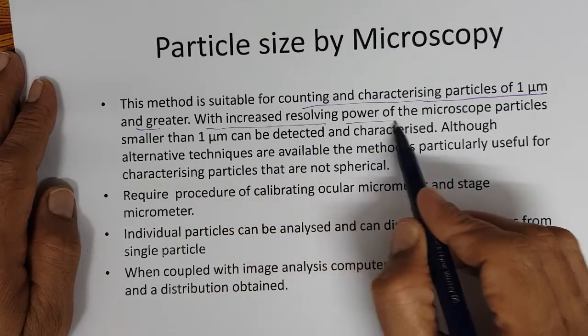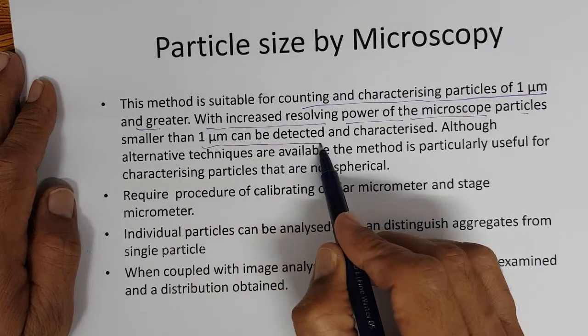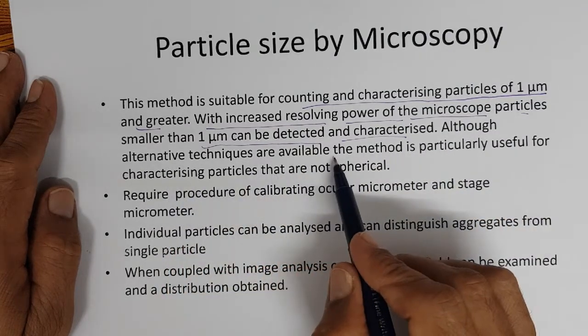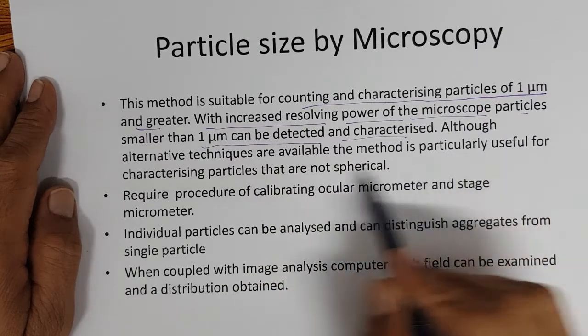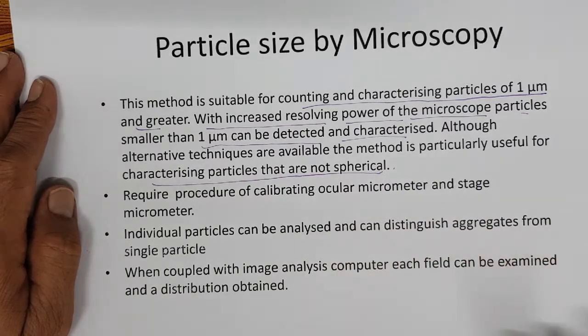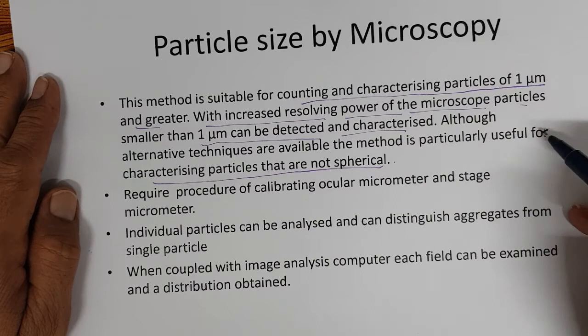With increased resolving power of the microscope, particles smaller than 1 micrometer can be detected and characterized. Although alternative techniques are available, the method is particularly useful for characterizing particles that are not spherical, right? But this procedure is very lengthy.